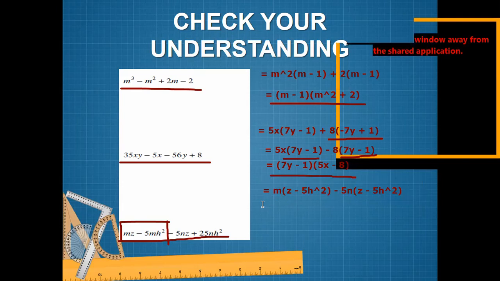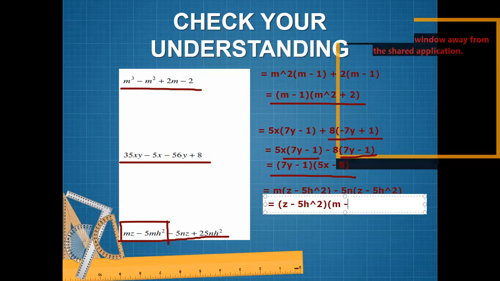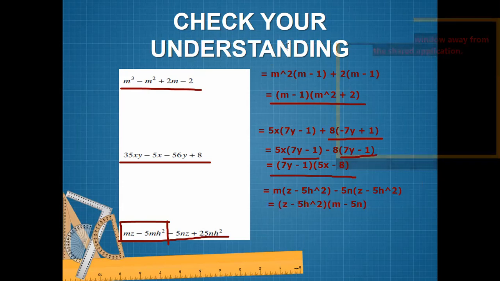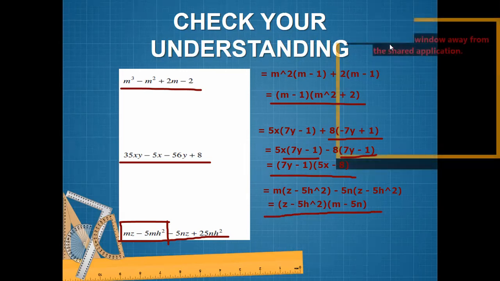So we're going to factor this as z minus 5h multiplied by m minus 5n. In this case, this will be the answer for our third problem. Okay, we will get all three correct. Okay, if you have no more questions, then I will see you in our next video.